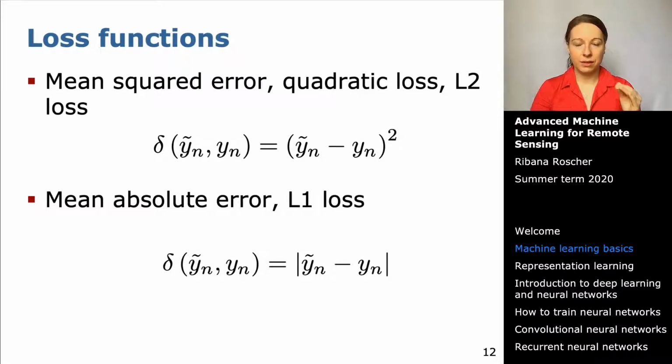And when you have a look at these equations, you will see that for the mean squared error, the model will see much larger errors than with the L1 norm if you have a large difference between your estimation and your reference.